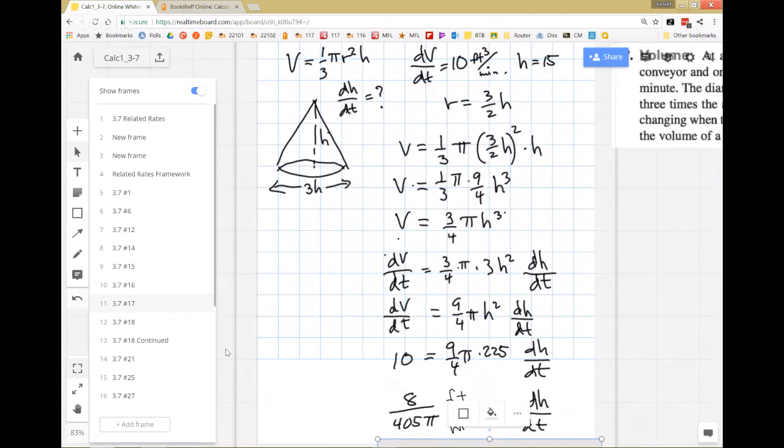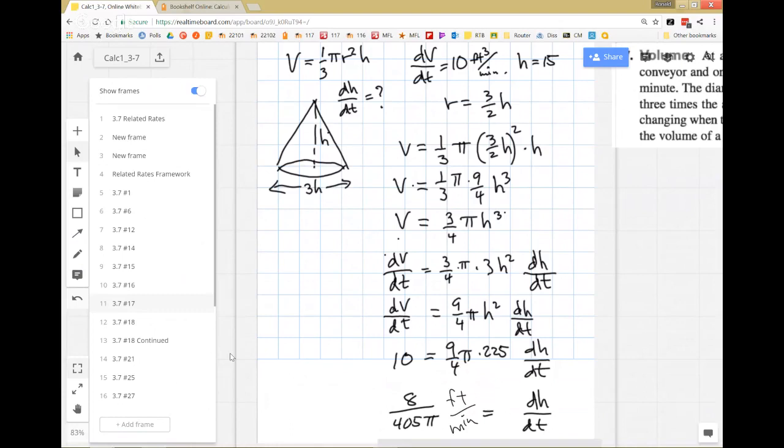And 10 is the dV/dt, so we plug those two things in, and then it's just a matter of simplifying, dividing both sides by 9/4 pi times 225. After doing that, I came up with 8/405 pi feet per minute. Make sure you put labels on solutions when you're working on related rates problems.